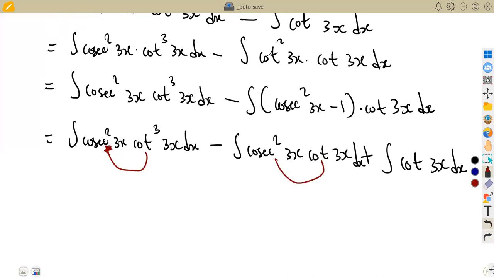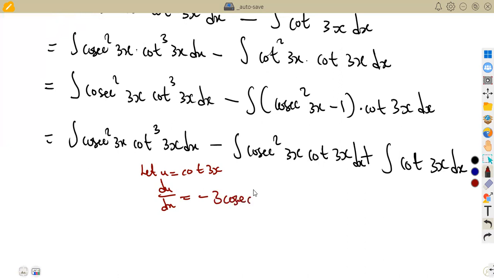So we can let u be equivalent to cot 3x. We find the derivative of u with respect to x. Remember, cot gives us a negative cosec squared, so it's going to be negative 3 cosec squared 3x. Then find dx, which will be minus du over 3 cosec squared 3x.